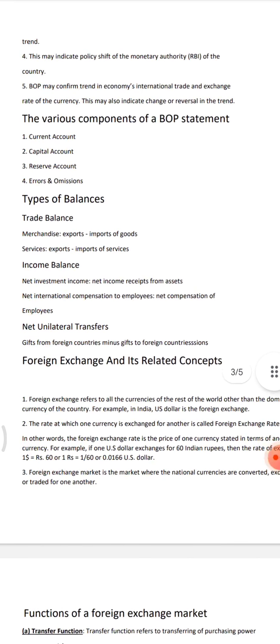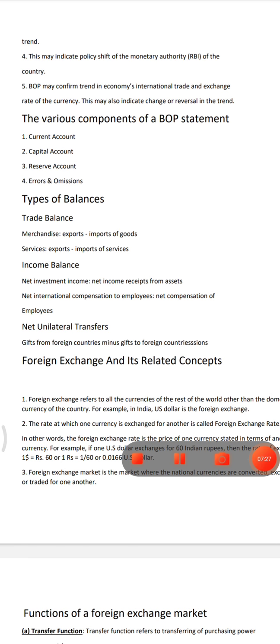Now the last component is errors and omissions. So what are those? The entries under this category arise from leads and lags in reporting of transactions.